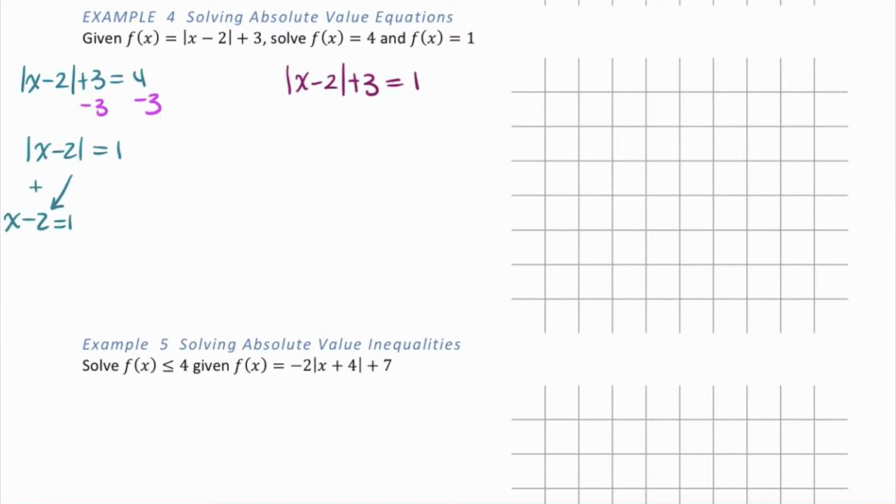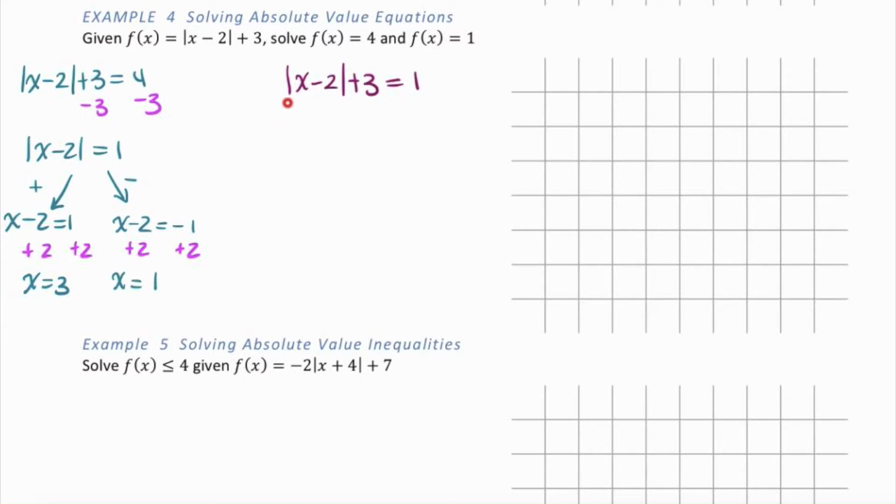And then I want my negative case, x minus 2 equals -1. From here, I just add 2 to both sides to get x equals 3. And then I can also add 2 to obtain x equals 1.